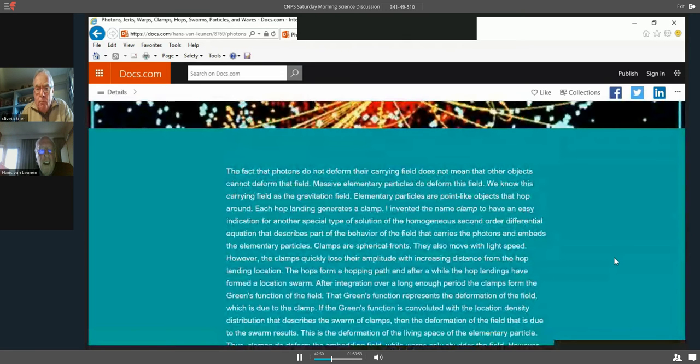It's the target space of a function. That field is always and everywhere present, this gravitational field. And that doesn't hold for the electromagnetic field. There are two completely fundamentally different fields.